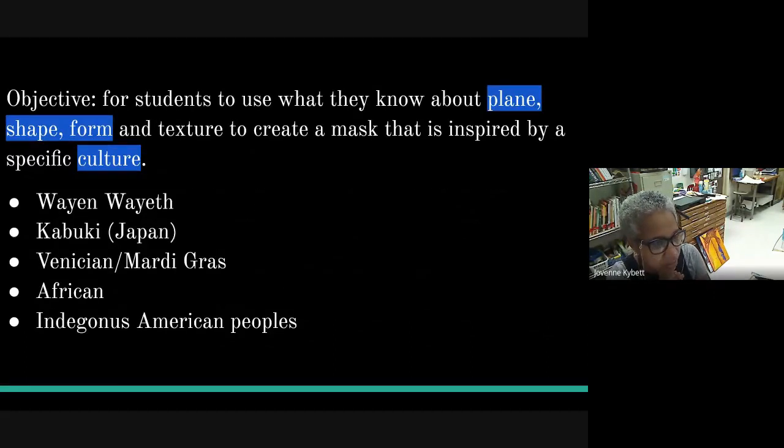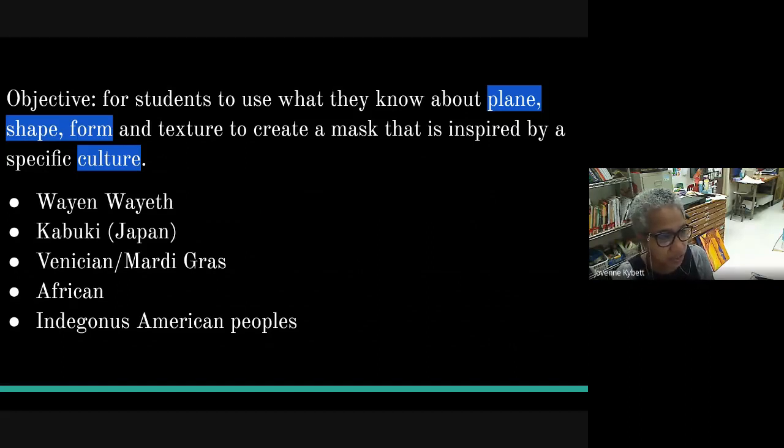All right, so the objective was for the students to use their art vocabulary and what they knew about art to create a mask. And what I did was, instead of just focusing on one type of mask, we looked at Wayne White, who is actually the artist who did all of the work for Pee-wee's Playhouse. He's pretty cool.